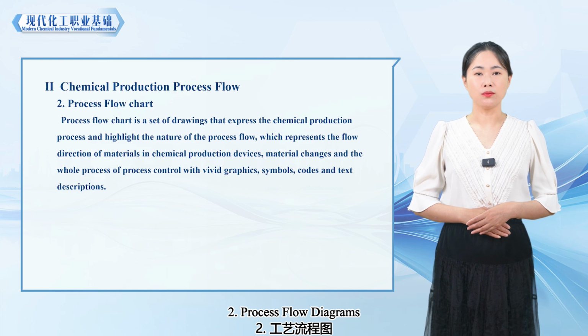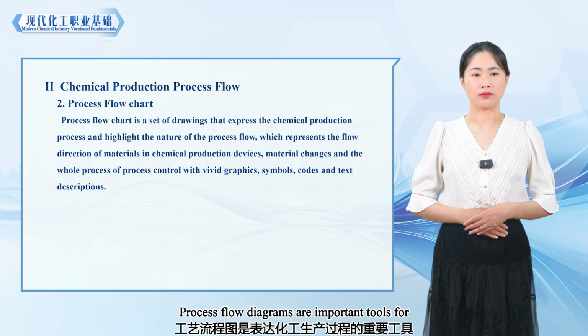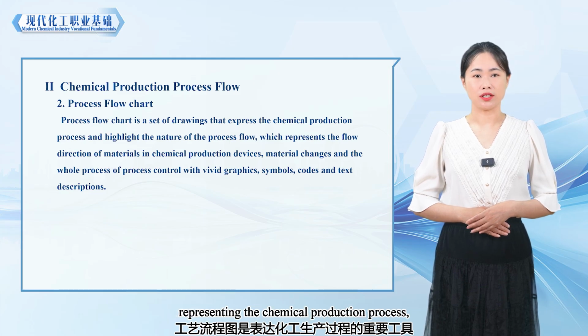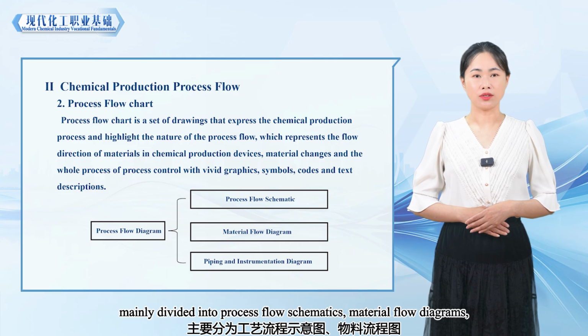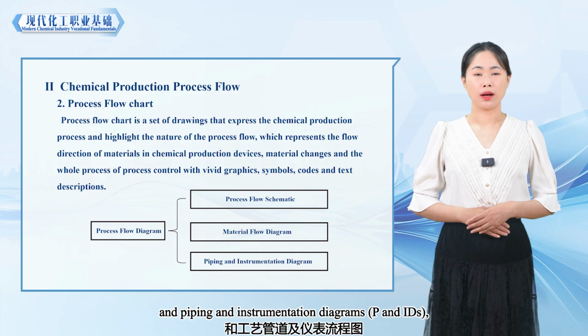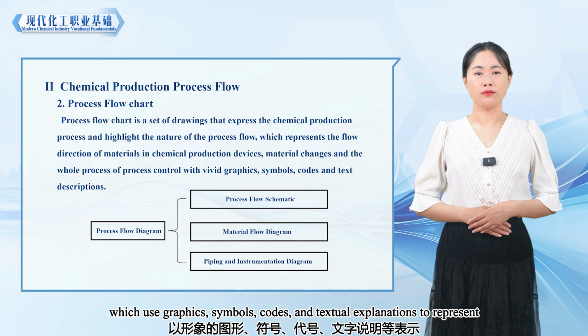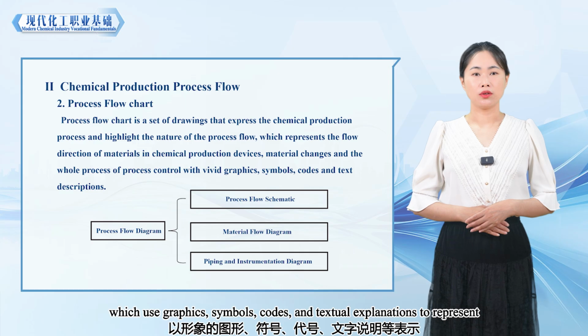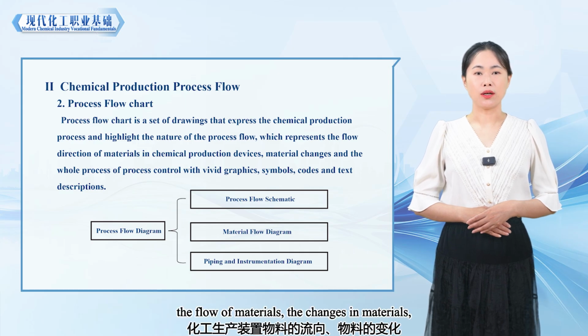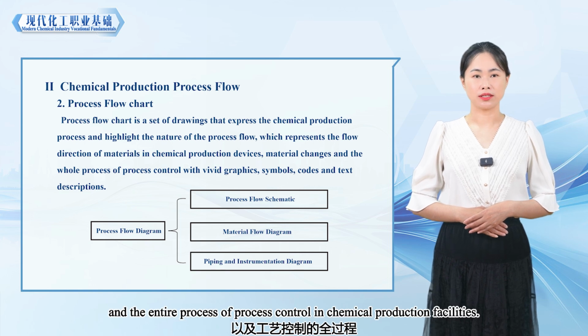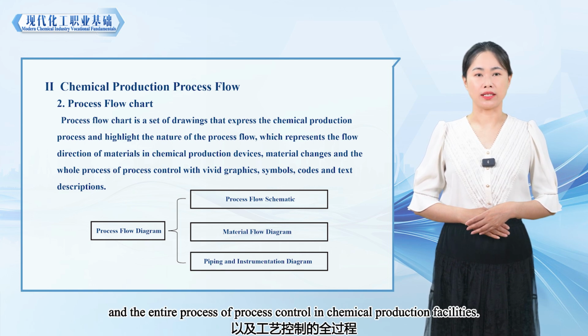2. Process flow diagrams. Process flow diagrams are important tools for representing the chemical production process, mainly divided into process flow schematics, material flow diagrams, and piping and instrumentation diagrams, P&IDs, which use graphics, symbols, codes, and textual explanations to represent the flow of materials, the changes in materials, and the entire process of process control in chemical production facilities.